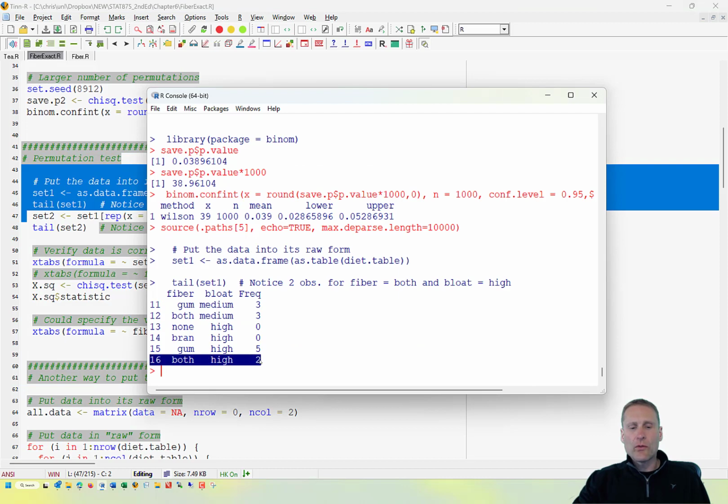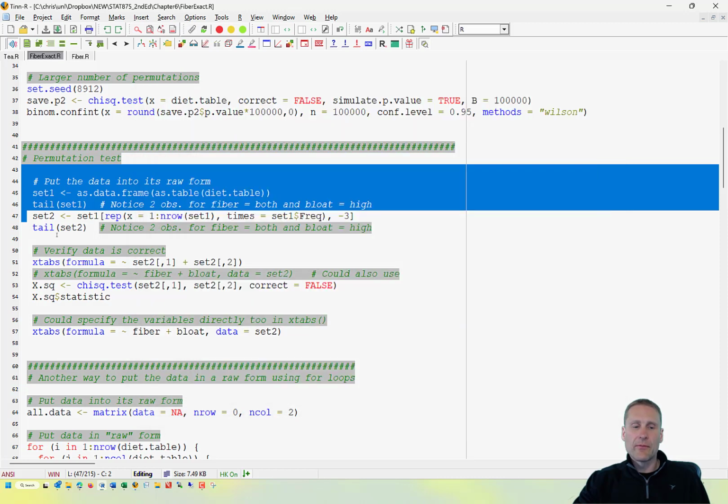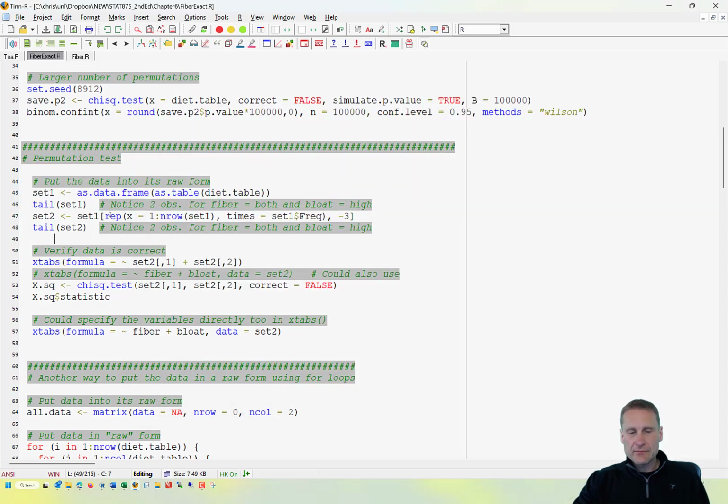I want 2 rows in a new data frame that represent these combinations of fiber and bloat. I want 5 rows of these combinations. I don't want any rows for brand and high, and so on. So to do that, this is how it can be done. This is the quickest way to do it, although it's also maybe a little bit more of a complicated way.